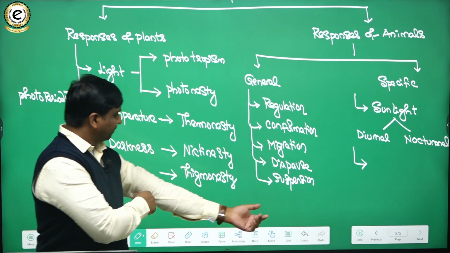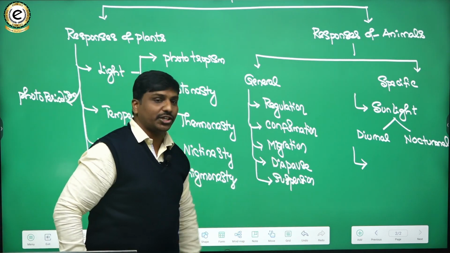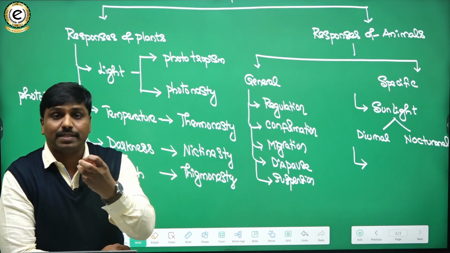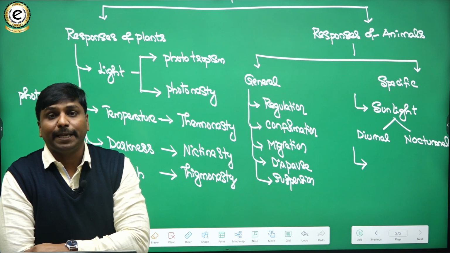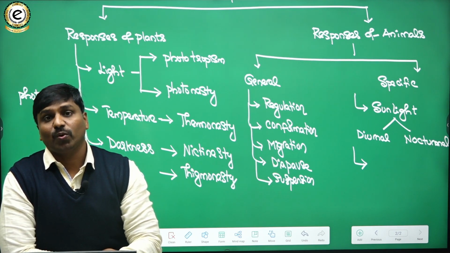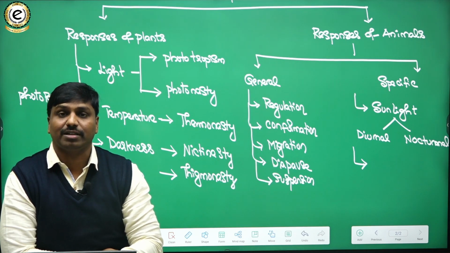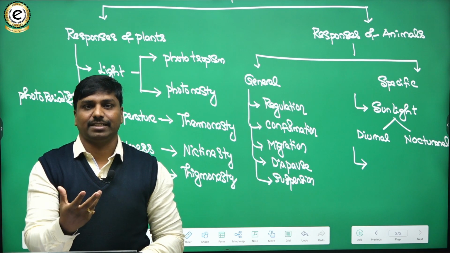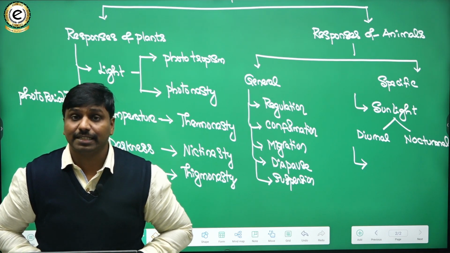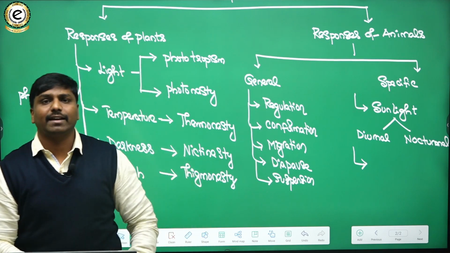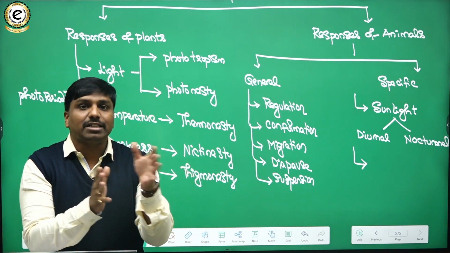Diapause and suspension. Suspension is nothing but during some situations, some of the metabolic activities would be completely suspended by some organisms, let's say hibernation and estivation. It's a kind of suspending the metabolic activities. When we talk of diapause, it's a state of animal dormancy.